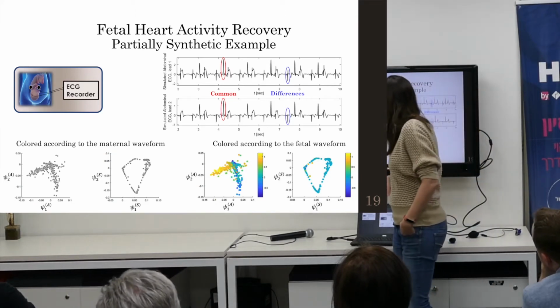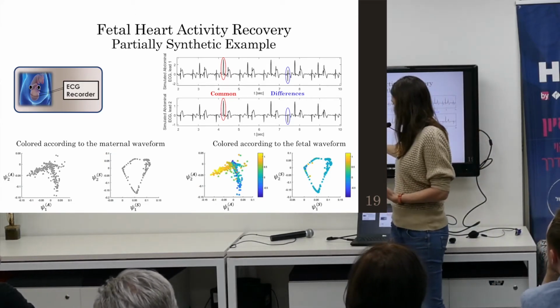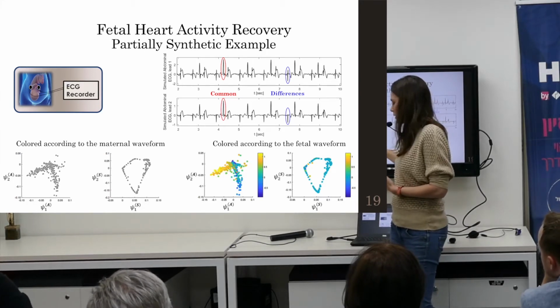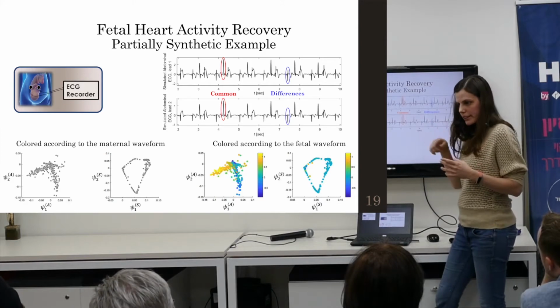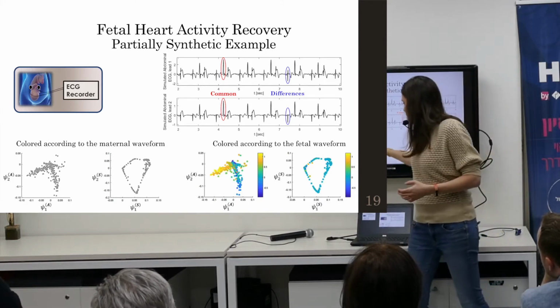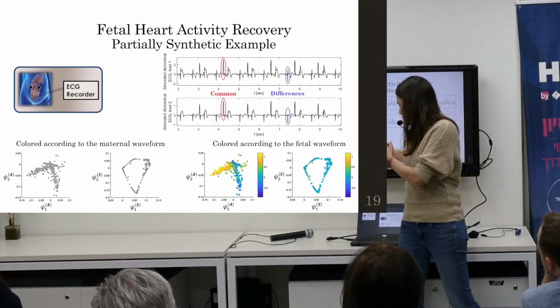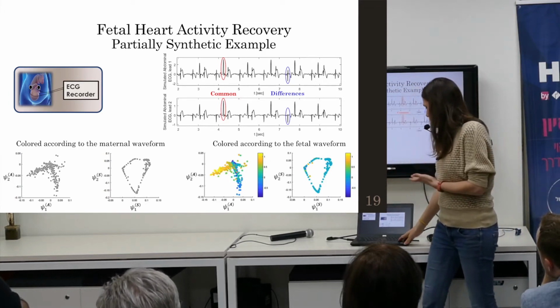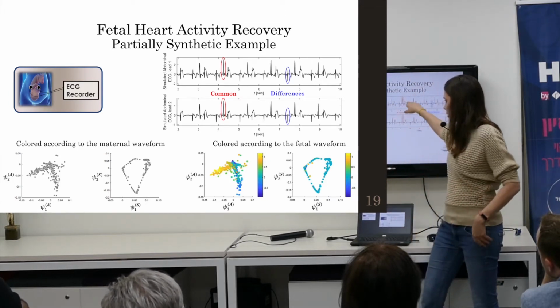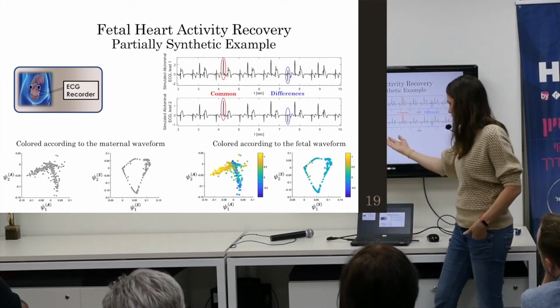When we got this result, first of all, it's nice that S is shaped like a circle, because circles represent some periodicity in the data. And when we colored it according to the maternal ECG, we got this coloring.